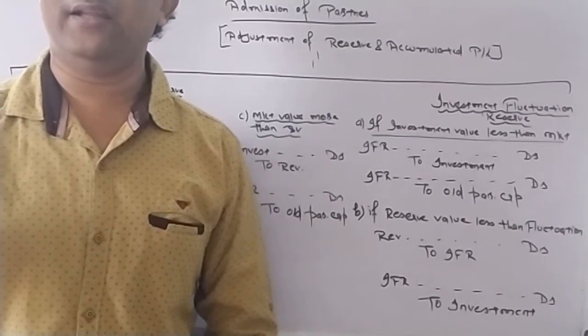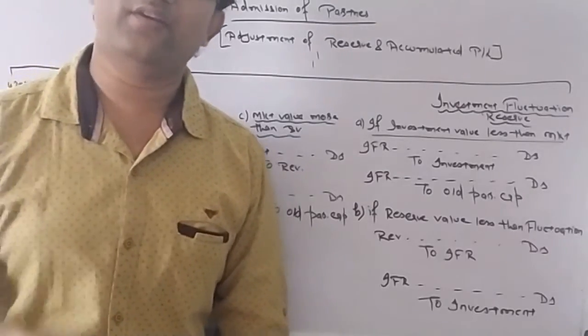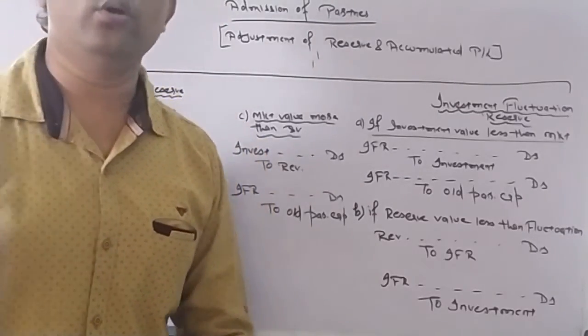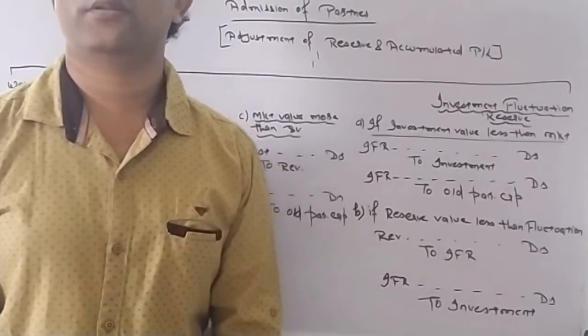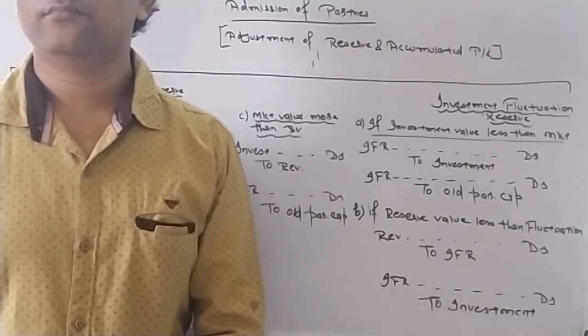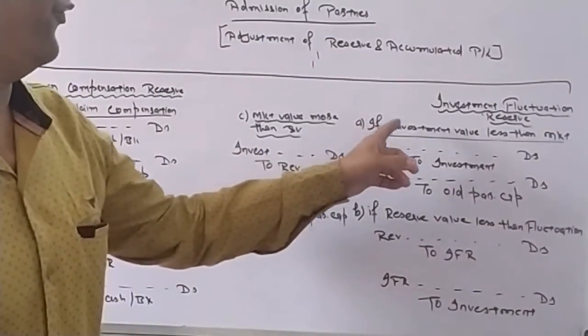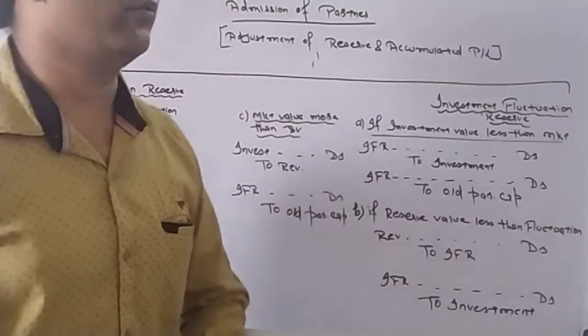If I go and sell this investment today in the market, I will only receive 12,000. A 3,000 loss is there on the investment. Will that loss be compensated from the reserve?